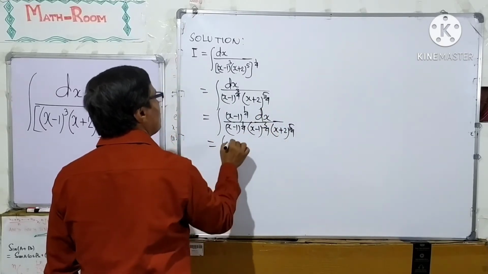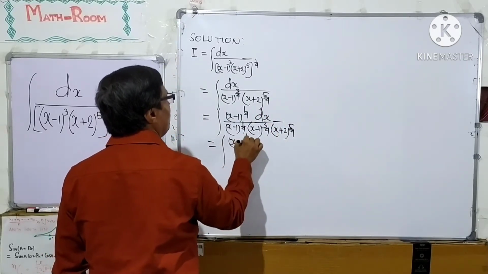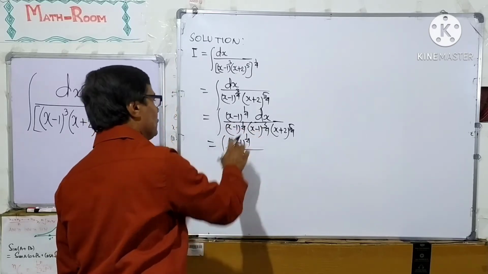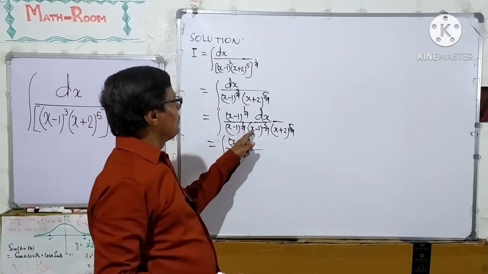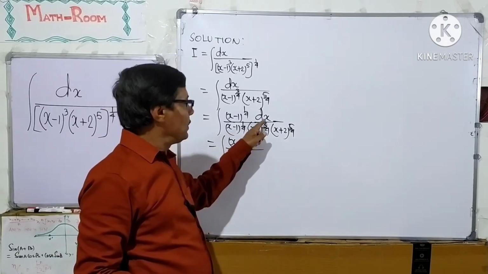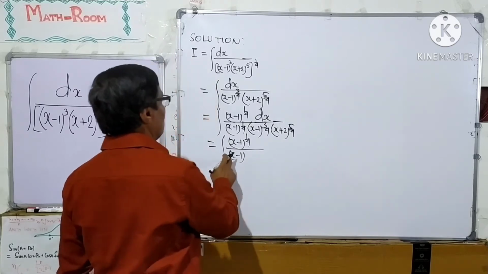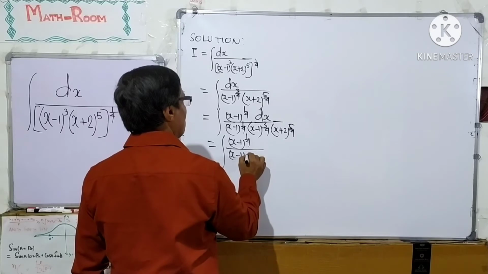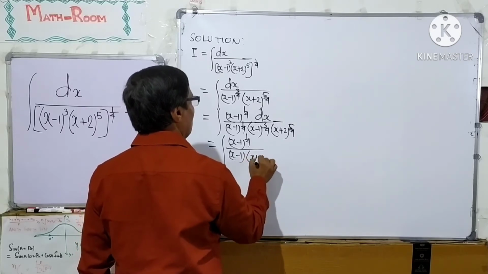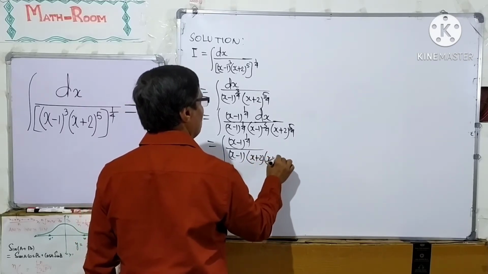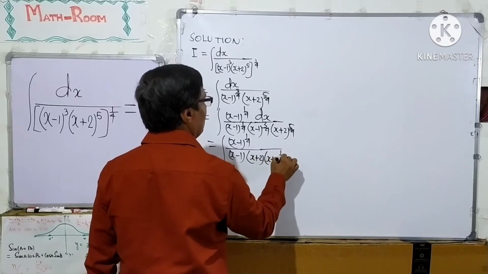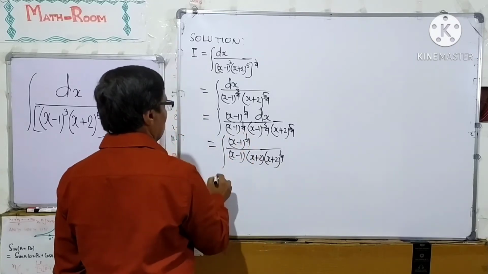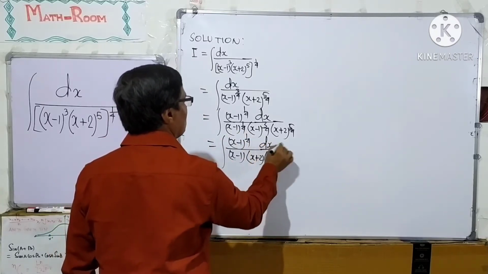This is also (x minus 1) to the power 1 over 4 over (x minus 1) into (x plus 2) to the power 1 over 4. This is the integration dx.